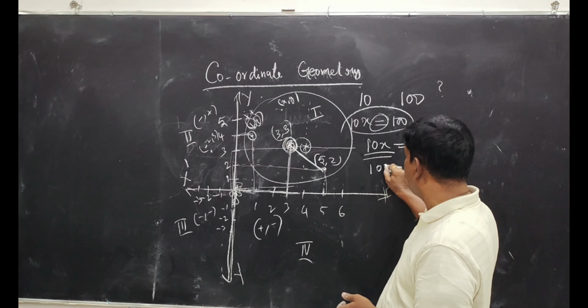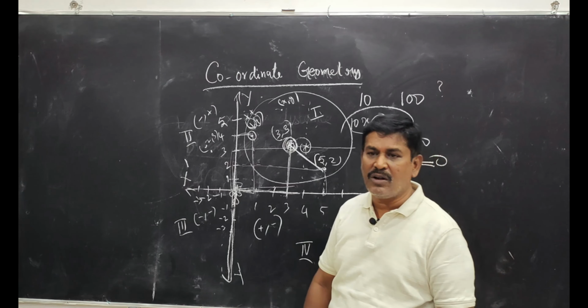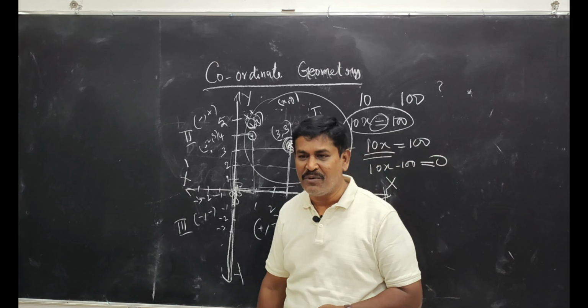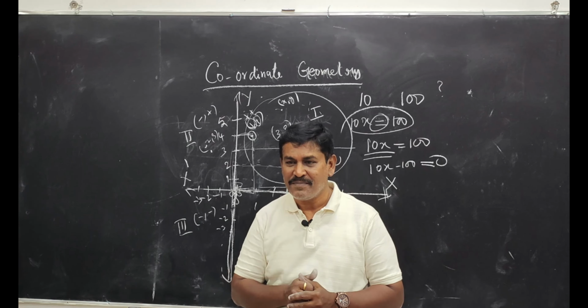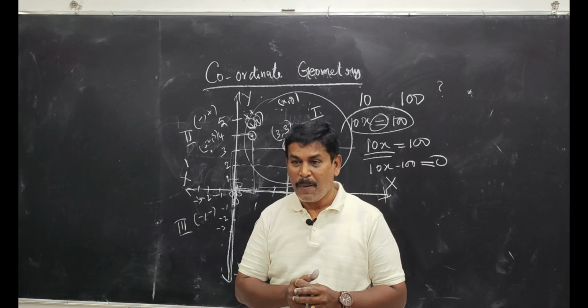Then 10x minus 100 is equal to 0. Then you can call this one an equation. What is an equation? You have to solve for that particular x. So, what is a linear equation? The degree of... degree of? 1. The degree of what is 1? Degree of variables. What type of variable?